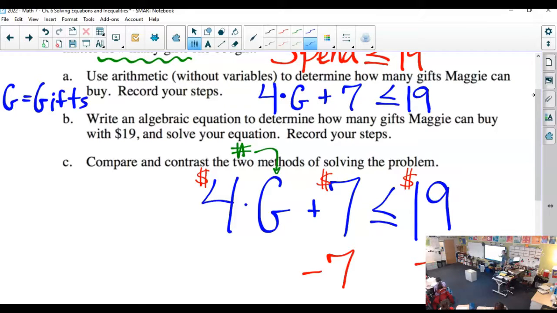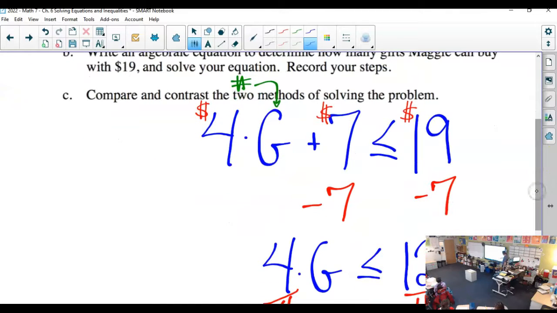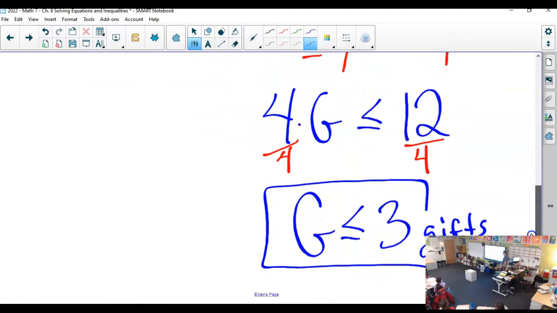We spend the shipping, right? We take away 7, meaning I have $12 left for my gifts. I divide by 4 because each of them costs 4, and I get that I can buy 3 gifts, or I could buy 2, or I could just buy 1. But I can't buy 4, right? Cannot buy 4, that will not work.